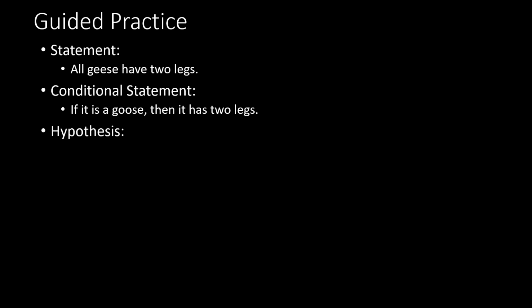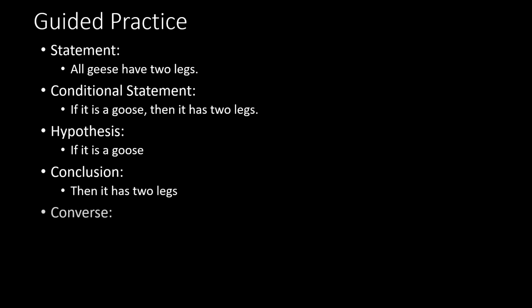Now it's still important to identify our hypothesis and conclusion. So try that now. For our hypothesis, you should have gotten something like, if it is a goose. And your conclusion, then it has 2 legs. So now let's practice putting this into a converse. If it has 2 legs, then it is a goose.